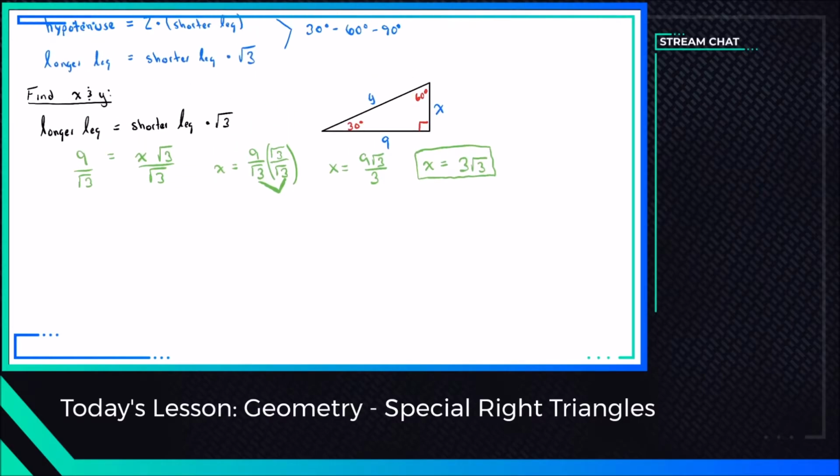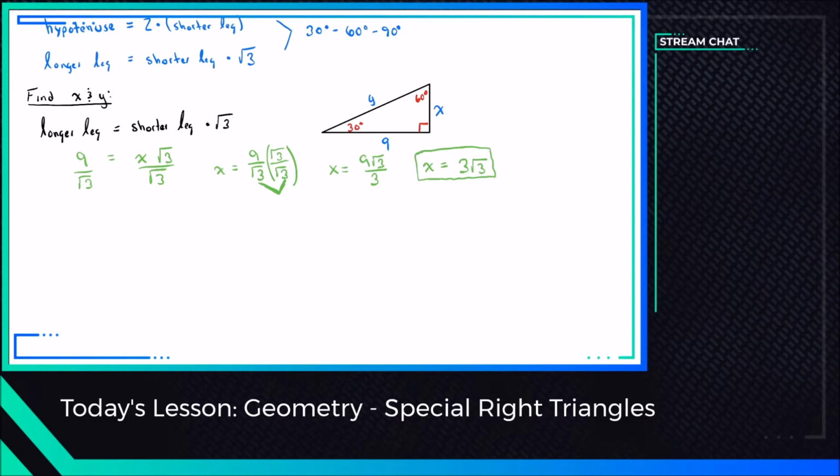Then we can find the value of y. And we're going to use the fact that the hypotenuse is equal to 2 multiplied by the shorter leg. And well, we just found the length of the shorter leg, and we know that the hypotenuse is equal to y.